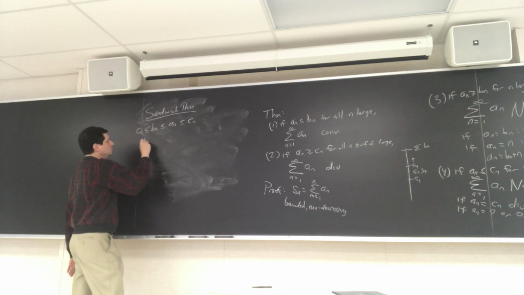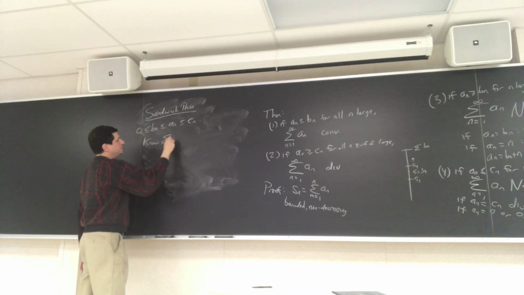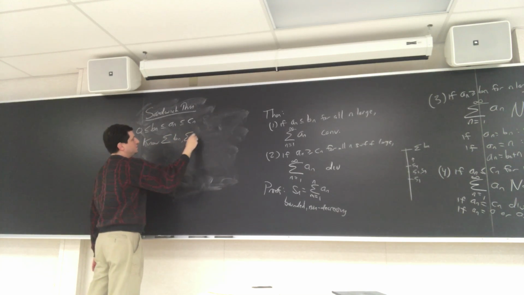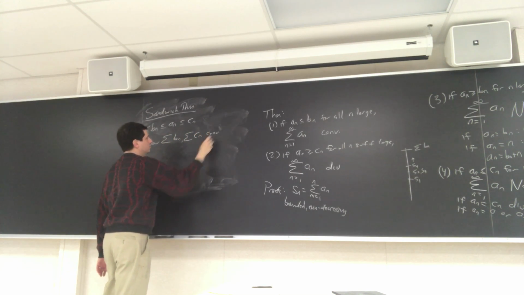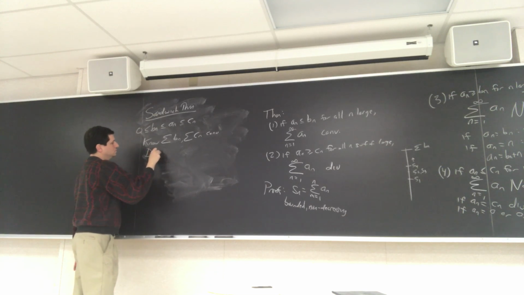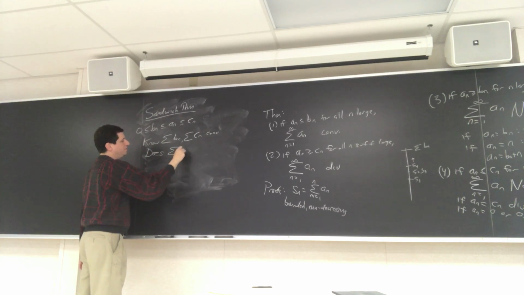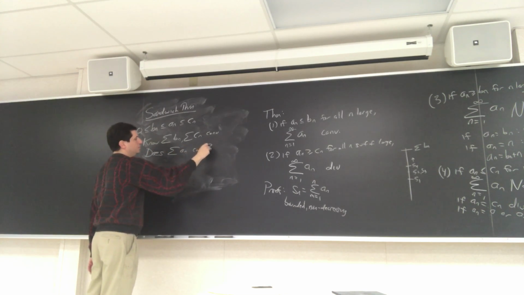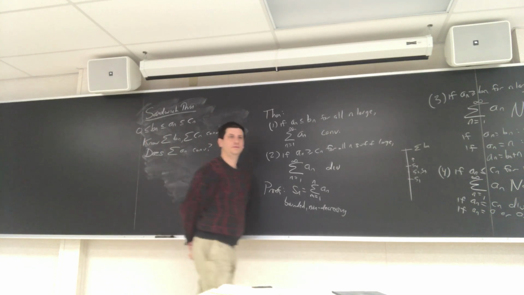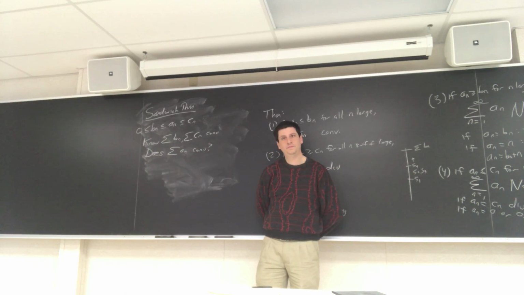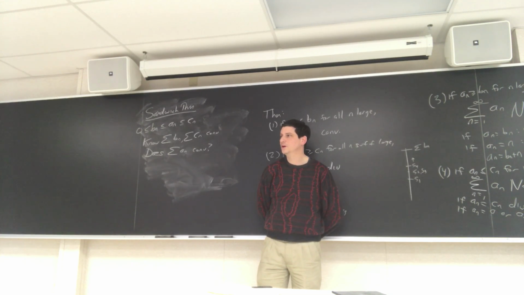And let's say we know the sum of Bn and the sum of Cn converge. Does the sum of An converge? Yes. Yes. Okay, why?